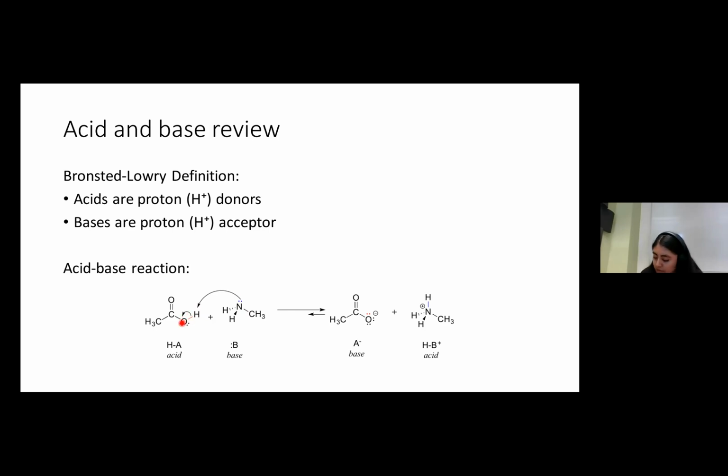I just want to review, although you might know this already, that when this acid loses the H, it now becomes negative because it receives those electrons. But this becomes a base, more specifically the conjugate base. So this molecule right here is the conjugate base of this acid.